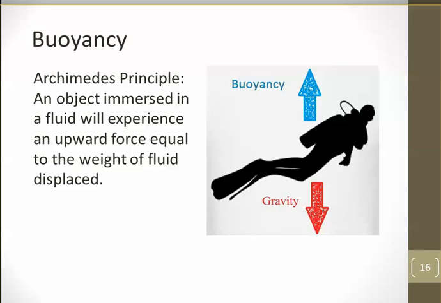Again, Archimedes' principle: an object immersed in a fluid will experience an upward force equal to the weight of fluid displaced. In this particular case, we have a diver, and through some combination of voids and weight belts and his own body mass, he's managed to achieve a state of neutral buoyancy in which his average density is equal to that of the water.